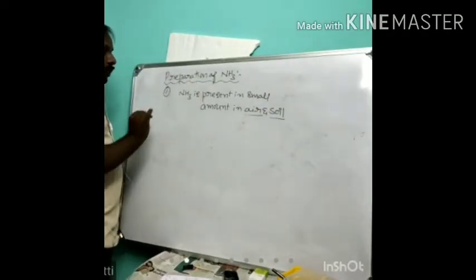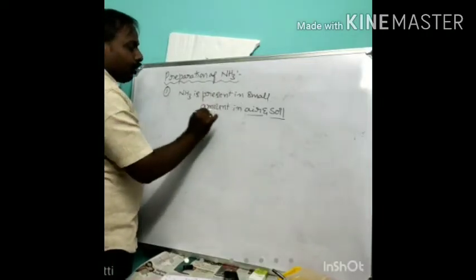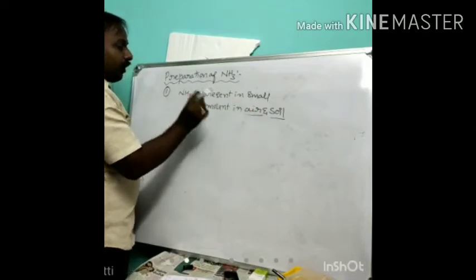That completes the nitrogen story. Now we are discussing ammonia. Ammonia is present in small amount in air and soil. Why?